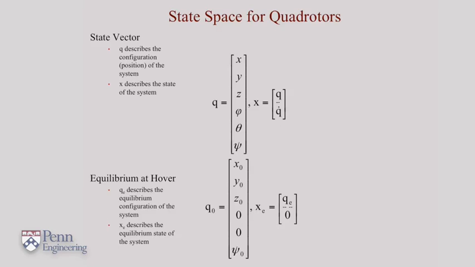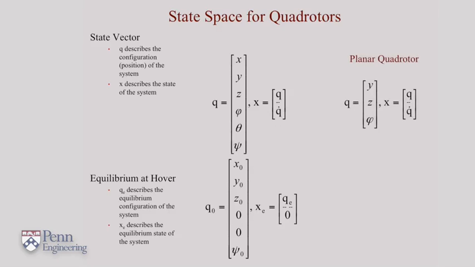The equilibrium configuration must also correspond to 0 velocity. If I write it down in terms of a state space vector, you have the equilibrium configuration Q sub E, and you have a 0 velocity vector, and that gives you a 12-dimensional vector where the bottom 6 elements are all 0.